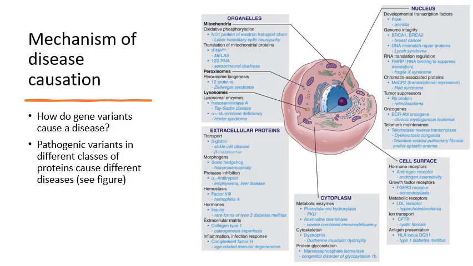So as you can see in this diagram, there are so many different proteins, so many different pathways that genes are associated with. So in the mitochondria, the peroxisomes, lysosomes, all of these can be affected. Extracellular proteins such as transport proteins, proteases, hemostasis factors, or matrix proteins, hormones, or other proteins in the extracellular area can also be affected.